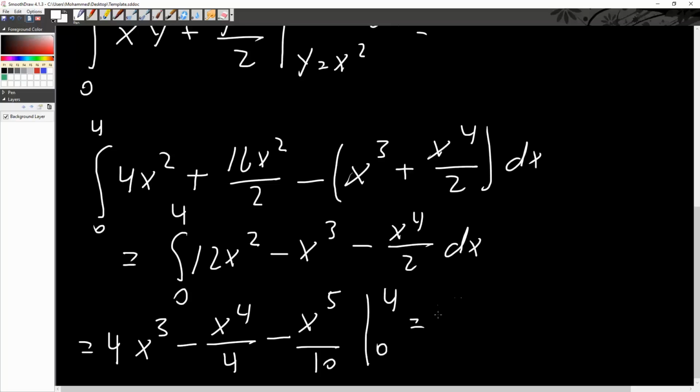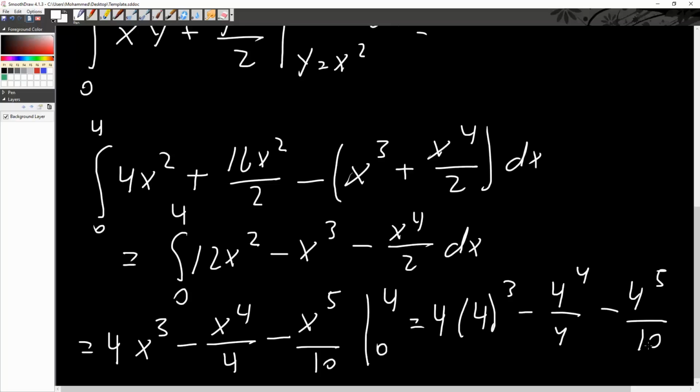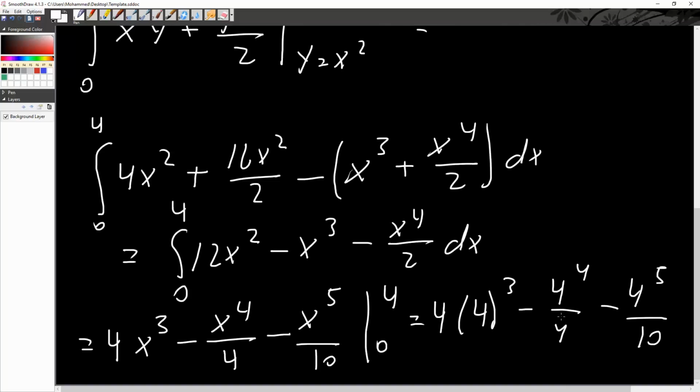So we would get 4 times 4 cubed minus 4 raised to the 4th divided by 4 minus 4 raised to the 5th divided by 10. And when we insert 0, it's simply going to be 0. So at the end, it would be 89.6 if you add everything up. And that's all we need to do.